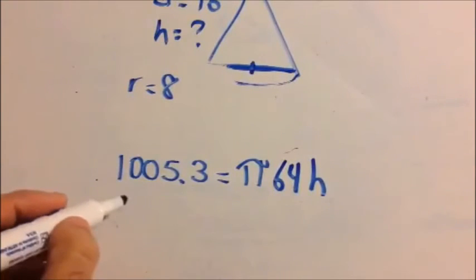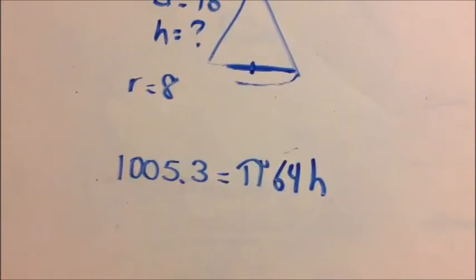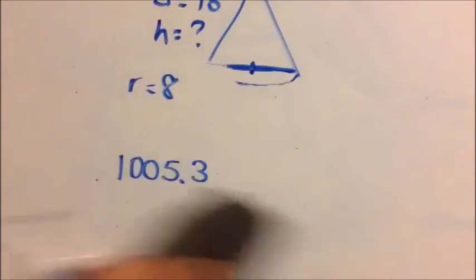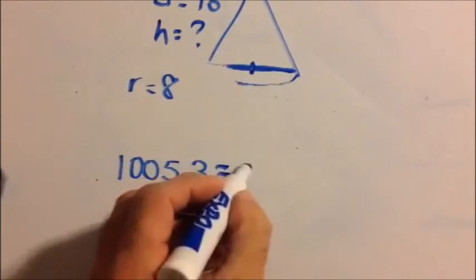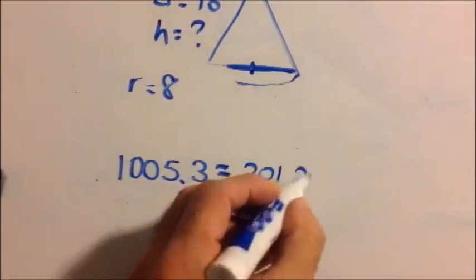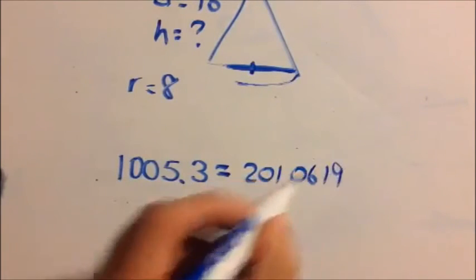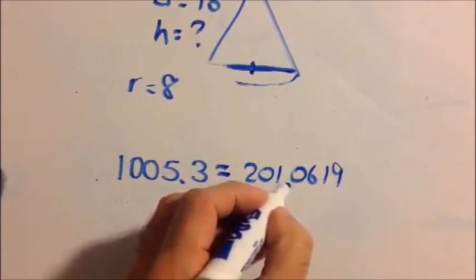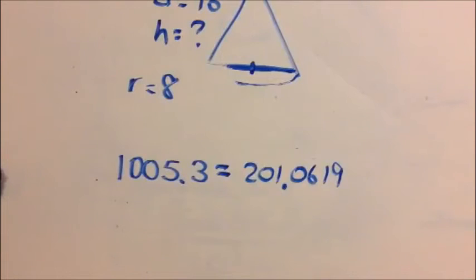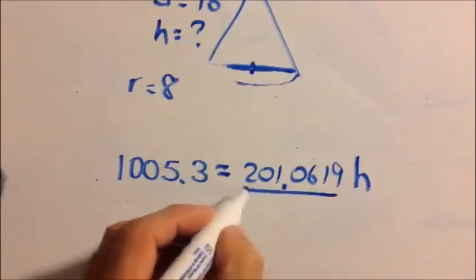And that's going to give you roughly 201.0619, and it continues. So we'll just leave it like that for now. And then we have our h. So now we have our algebraic equation here. We're going to divide this out.